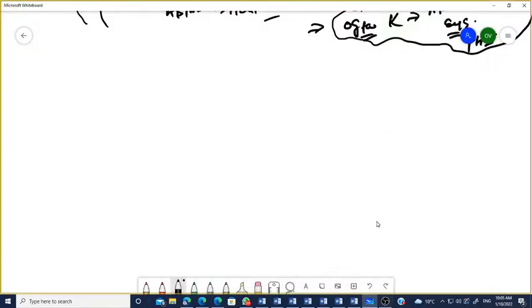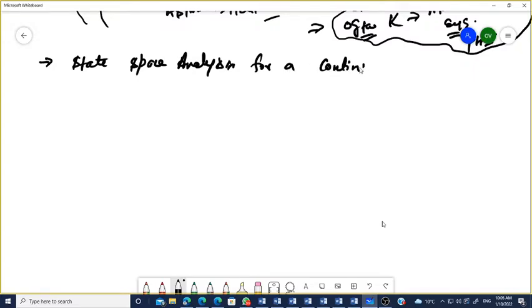So state space analysis, we are going to start the first unit, state space analysis. I already told you this subject is very pure numerical, pure mathematical, you can say.